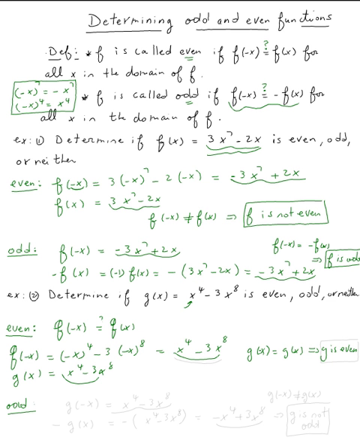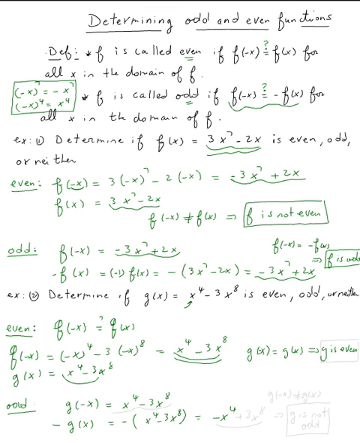We need to check if g of negative x is equal to minus g of x. Now g of negative x, we already have done it. It's right here. It's x^4 minus 3x^8. Now what does minus g of x mean? It means you multiply g of x by negative 1. What is g of x? x^4 minus 3x^8. Now distribute the negative 1.